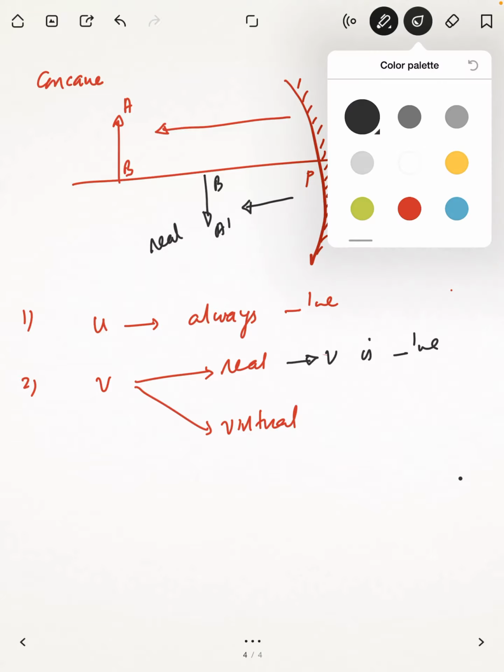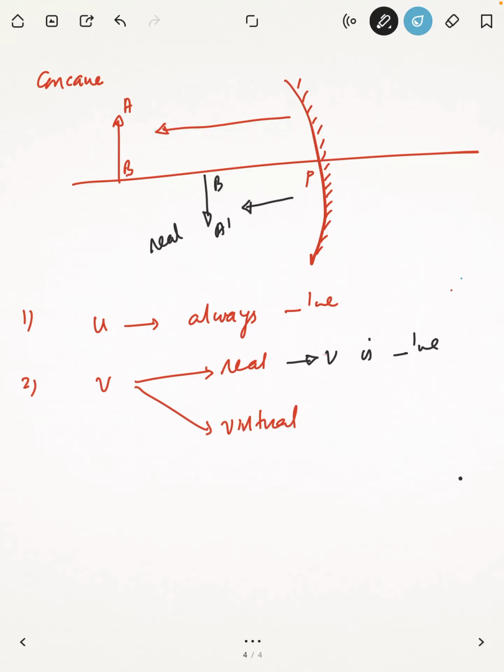Okay, what you can say about the virtual image? Concave mirror can also form virtual image. Virtual image is here A dash B dash. So, we have to measure the distance from the pole to right side. So, this is positive measurement. This is negative measurement. So, for virtual image, then V is taken as positive.